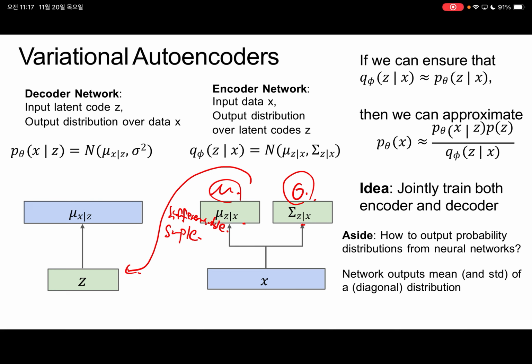So that the gradient from this reconstruction loss can be backpropagated to the encoder side, right?